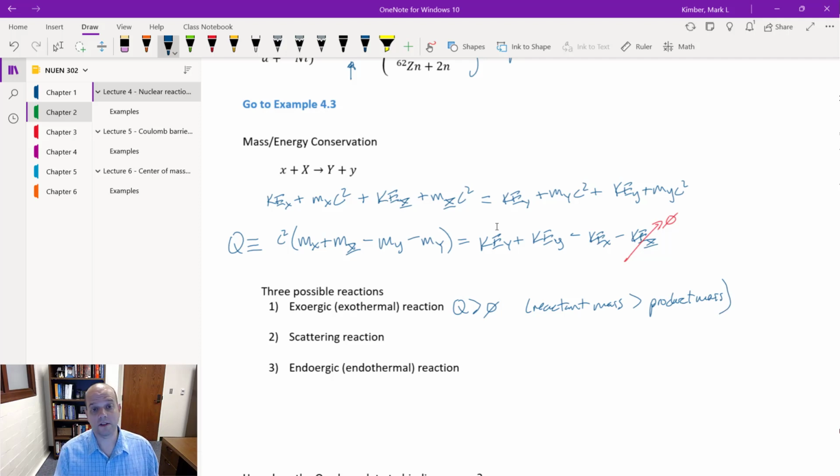And where did that extra mass go from the reactants to the products? Well, it comes in the form of energy. It's releasing energy. I could have a scattering reaction, which is when my Q value is equal to 0. And that's another way to say that my masses are equal.